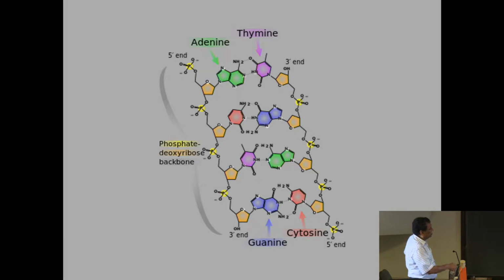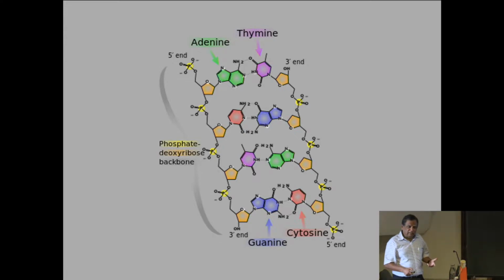So if you have the sequence going 5' to 3' of adenine, cytosine, thymine, and guanine, then you can predict that the sequence on the other strand going 5' to 3' is cytosine, adenine, guanine, and thymine. And this is just 4 bases shown in the DNA.